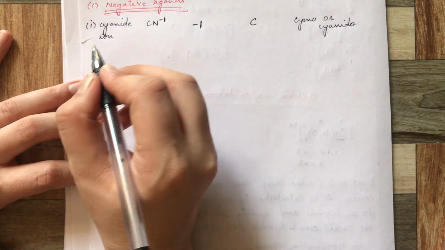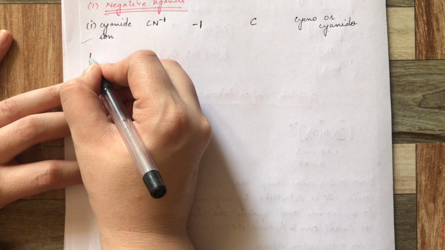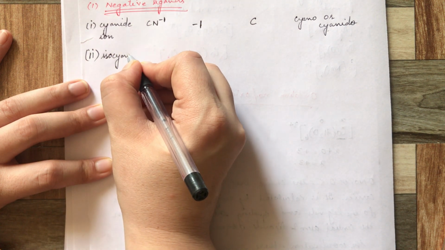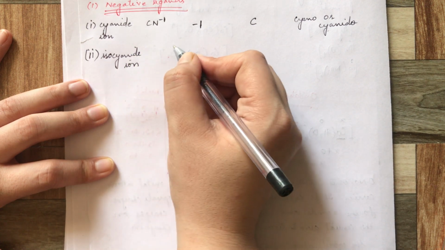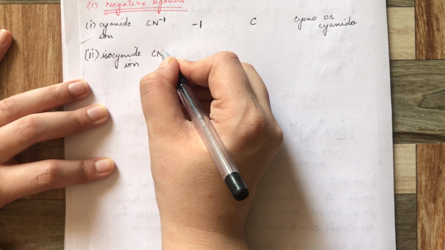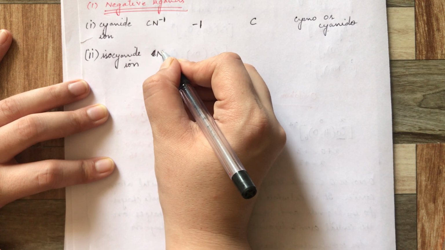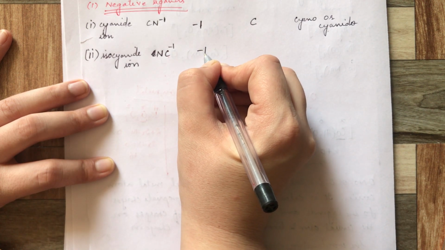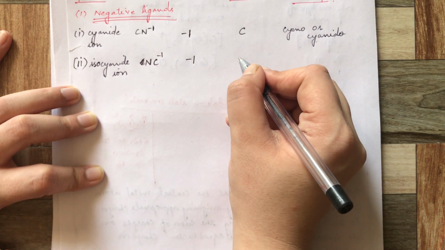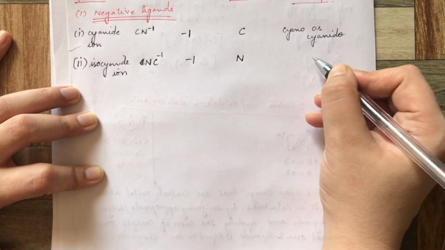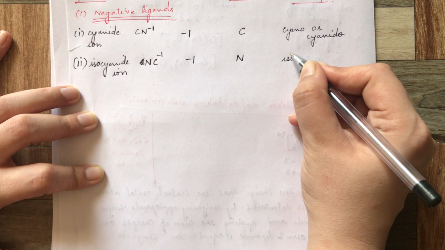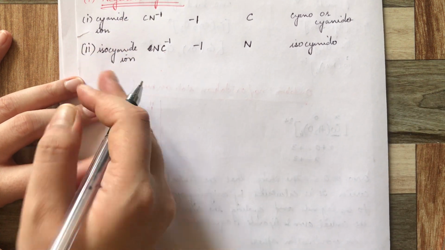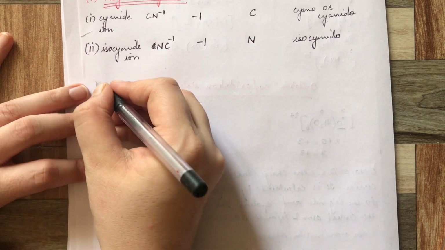Now similarly, if you have the isocyanide ion, it will be represented, to be more appropriate, as NC-. Here the charge is -1, you can say the oxidation number is -1. Here the donor atom is nitrogen, and it will be called isocyano. These are the ambidentate ligands we discussed in the last topic.